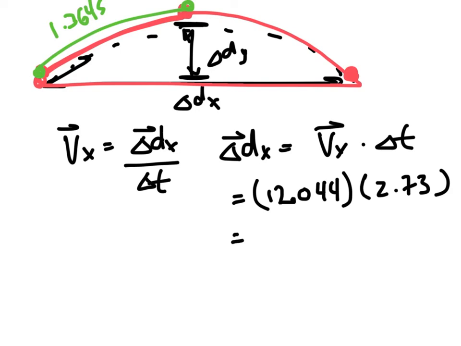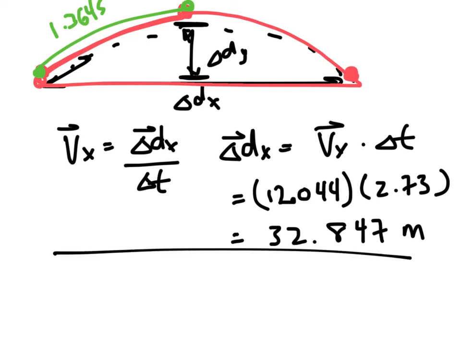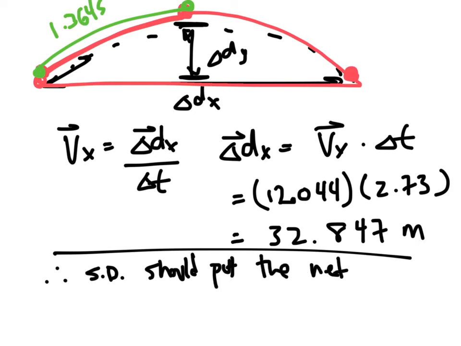We do the multiplication, and we end up with 32.847 meters. So we finish off the question by saying, therefore, Super Dave should put the net 32.9 meters, and then we can say east or to the right of his start.